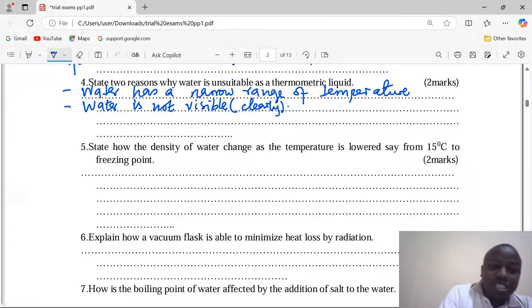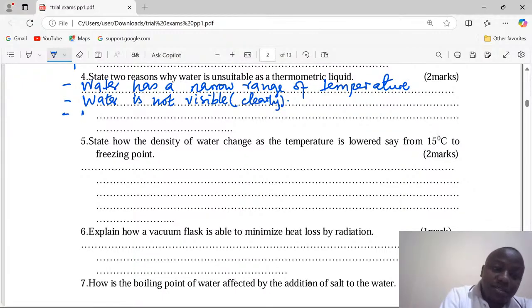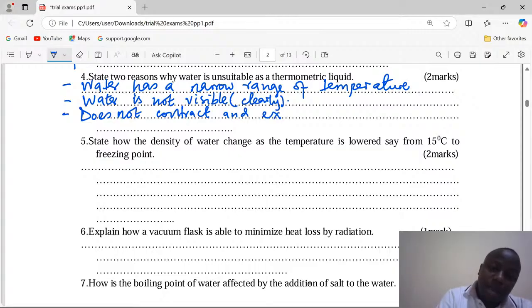It also does not contract and expand uniformly.